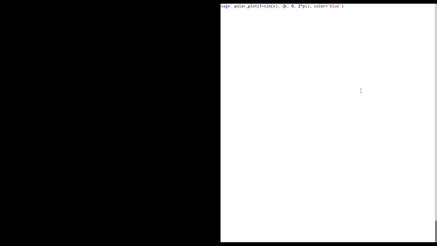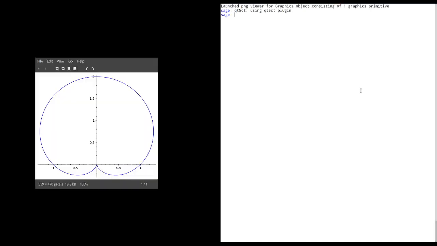You see that here Sage denotes the angle by x, and the angle will vary between 0 and 2 pi. As we know, that's okay. That captures the entire curve. And so I'll plot my polar curve here in blue. And so here's my curve.